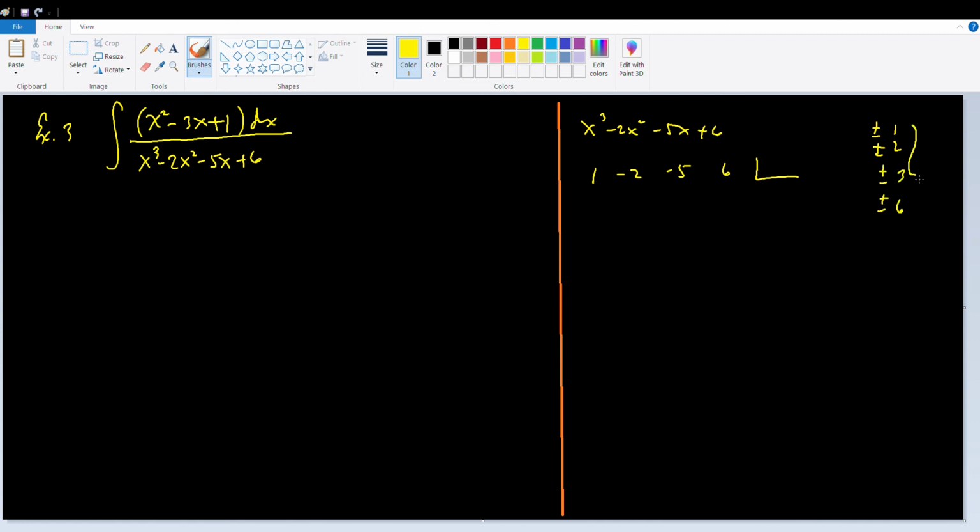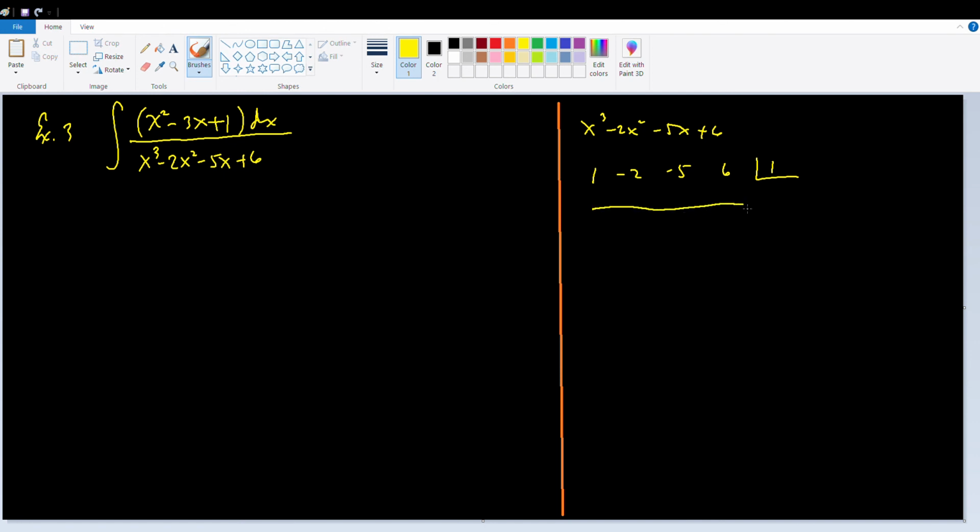These are the candidates. So by trial and error, we try them one by one. If we're lucky enough, we can immediately get the factors. So we can start with 1.